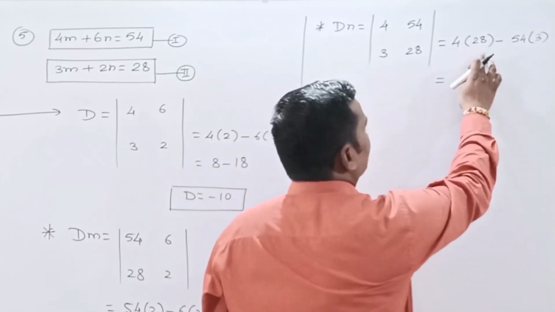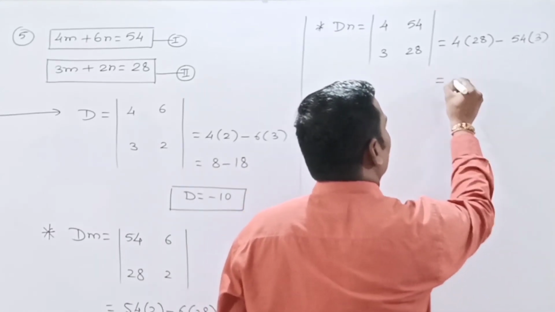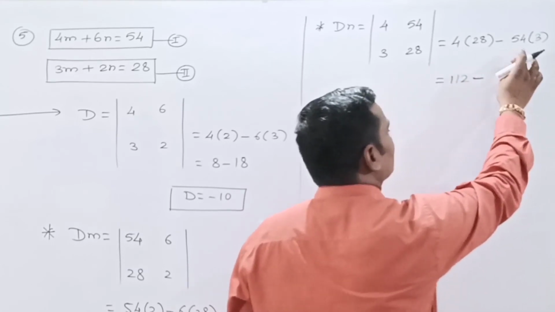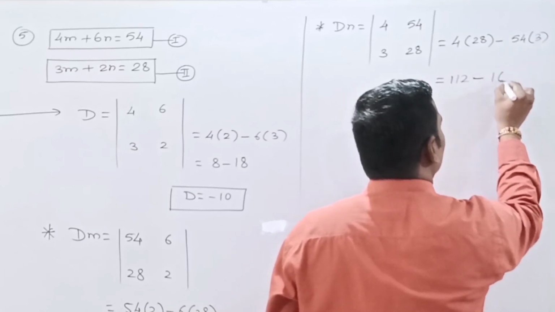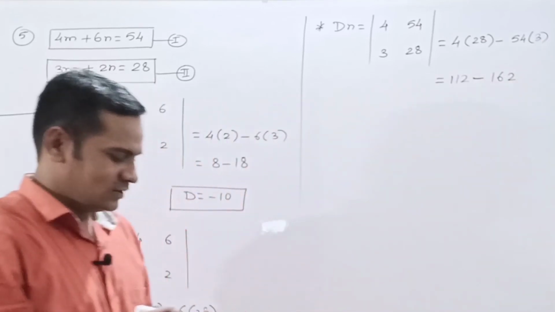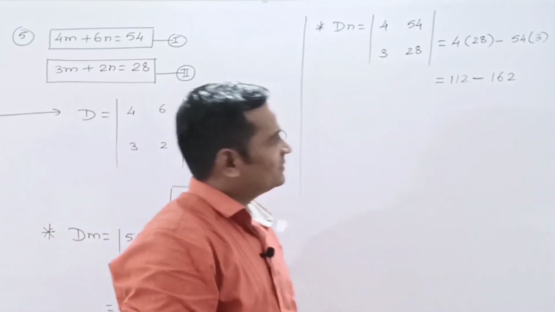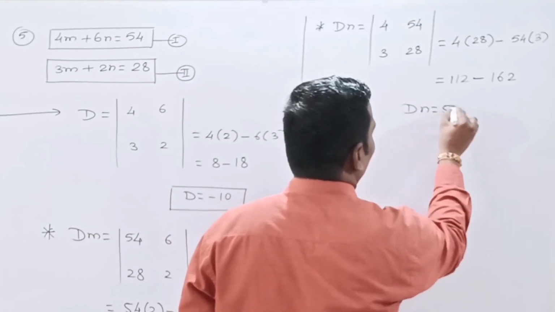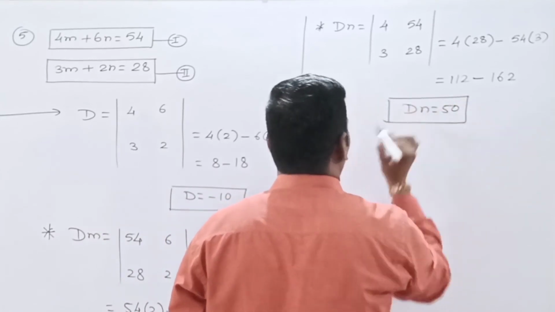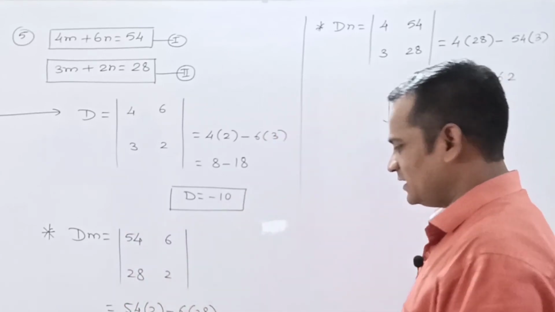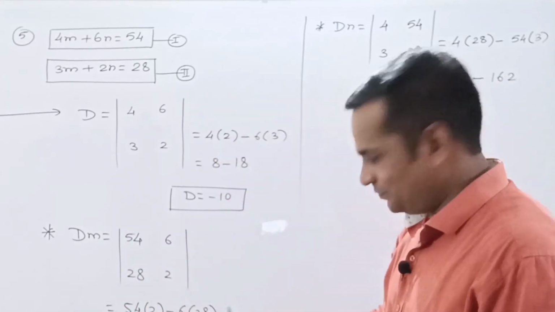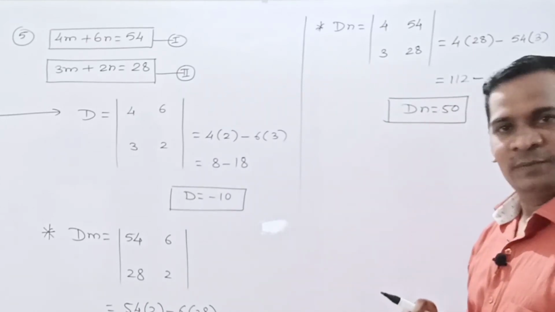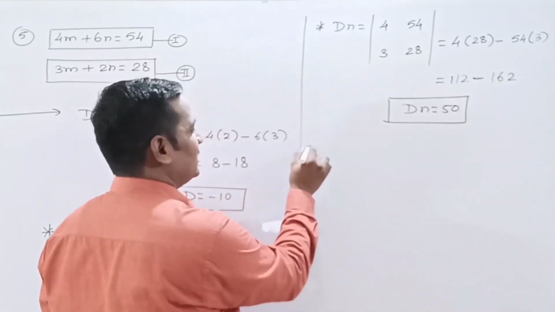So this will be 4 into 28, that means 112 minus 54 into 3, that will be 162. Let's find the subtraction of these two, and that subtraction will be 50. So Dn is equal to 50 now. Okay, here we got the three values. D is equal to minus 10, Dm is equal to minus 60, and Dn is equal to 50. So let's use Cramer's rule here.